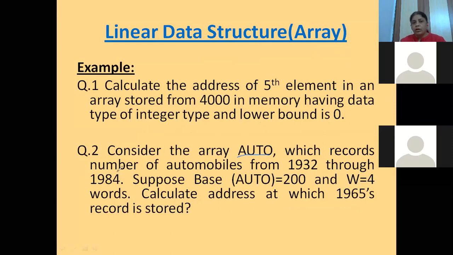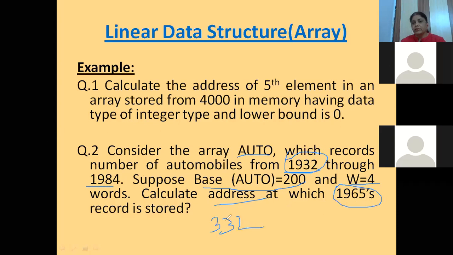Auto, और उसका which records the number of automobiles from 1932 to 1984. So from this you are getting lower bound. LB is your 1932. Now the base is given 200 and the word size is given 4. So you have to find out that 1965 का जो record है वो array में किस address पे store होगा. 332. Right. 332 हाँ, very good.